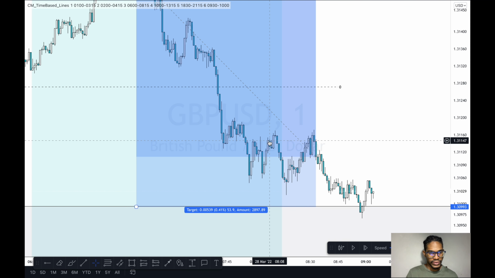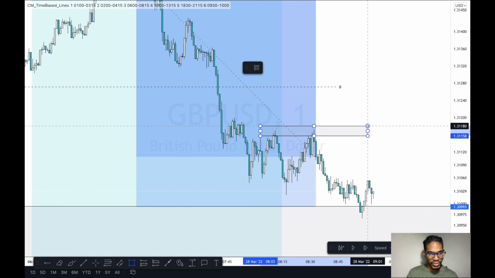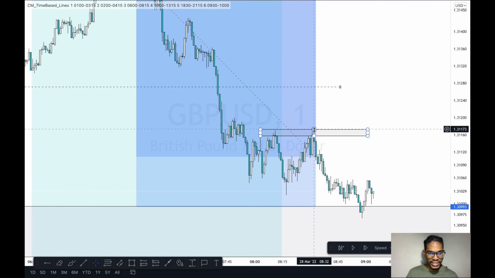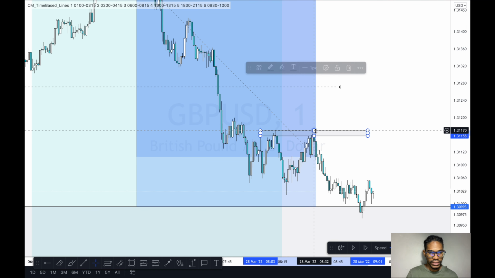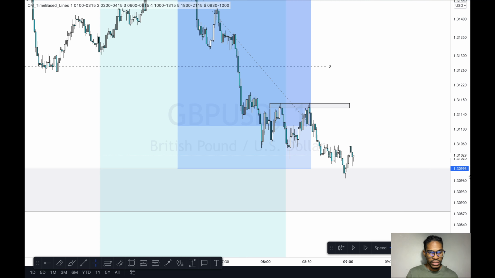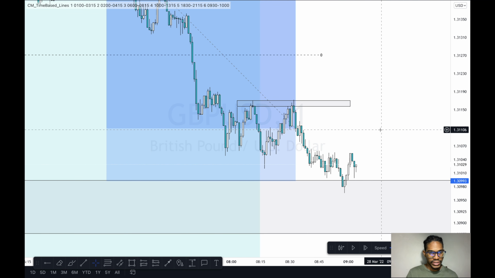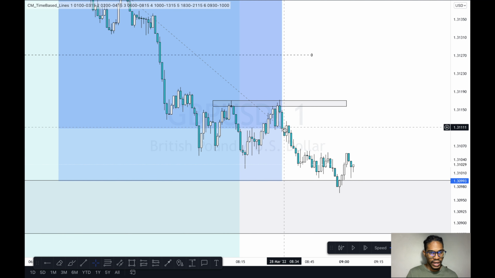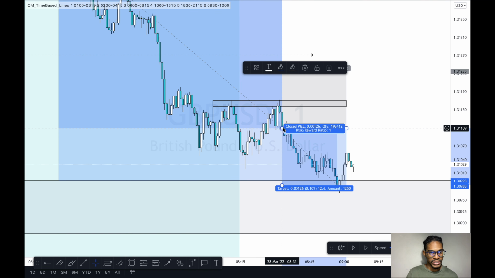Right? This was a nice sell opportunity as well. Even though it was an M1 time frame, lower time frame, it doesn't matter, guys. Price knows no time. You could have taken this trade as well, being that price retested M1 supply and gave us a nice rejection.